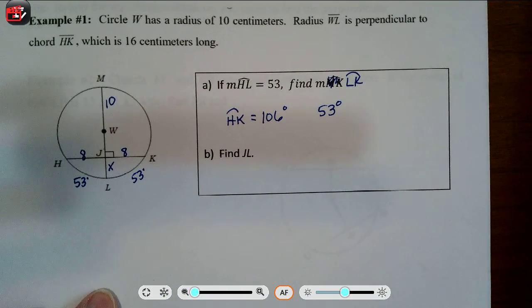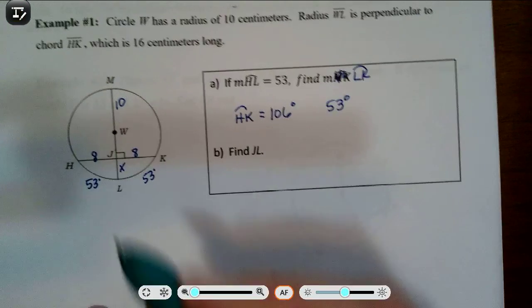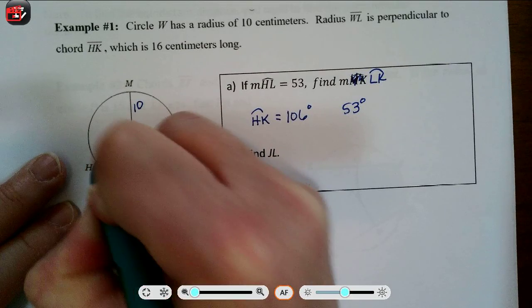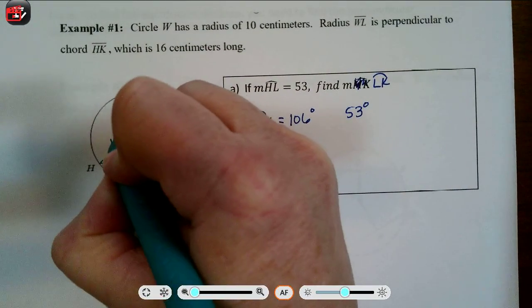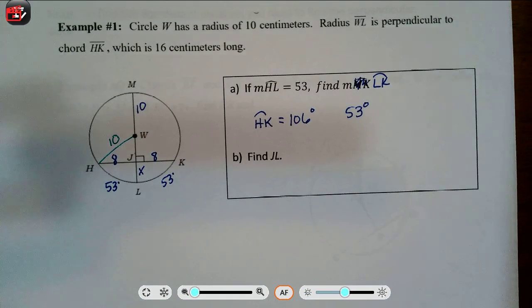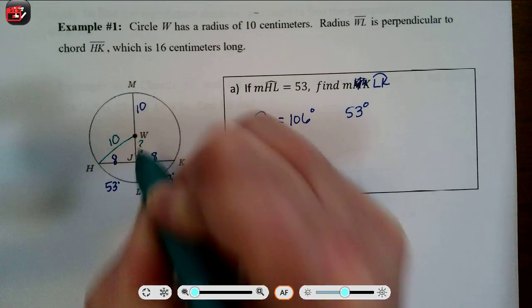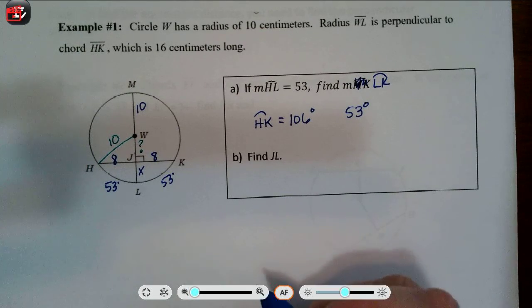I'm going to draw in the radius WH. Now I know that this radius doesn't change, so that is still 10. So if I could figure out this piece from WL, then I can find JL.